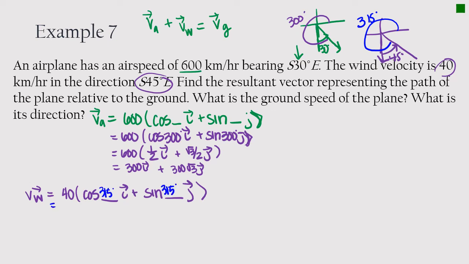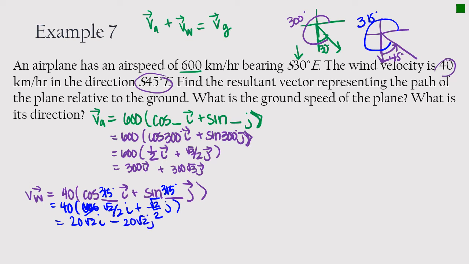Okay, so that's going to give us 40 times the cosine of 315, which is root 2 over 2 i, plus the sine of 315, which is negative root 2 over 2 j, which gives us 20 root 2i minus 20 root 2j.